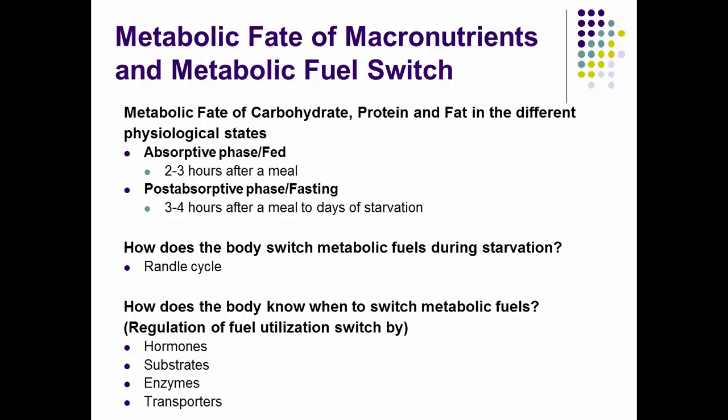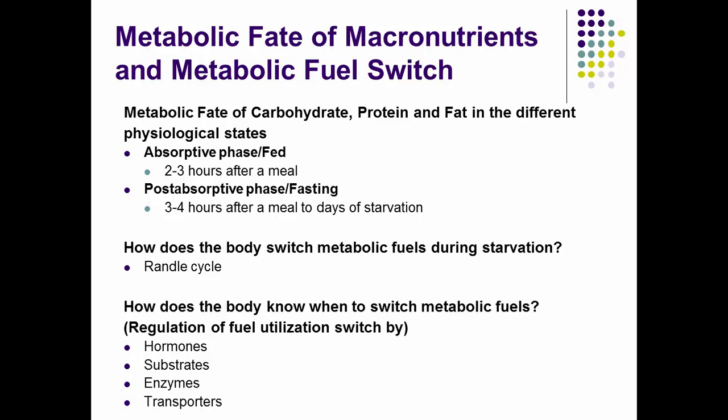And the second thing that we're going to talk about is how the body switches metabolic fuels during starvation. We will discuss a series of regulatory cycles. And the last thing is how the body knows when to switch metabolic fuels, right?